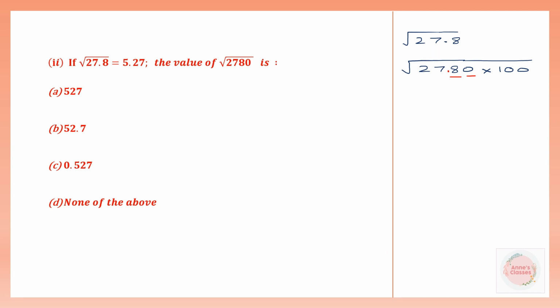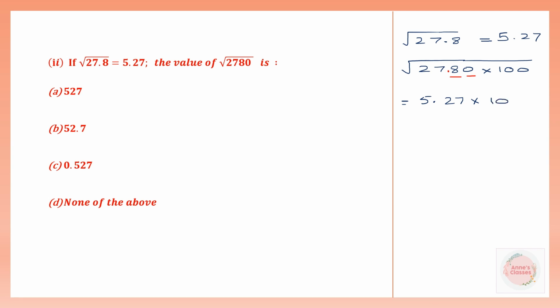So here the square root is given to us as 5.27. So here, since we have got this in the same format, we know now the square root of 27.8 is 5.27. So we can write that 5.27 into, and we know the square root of 100, it is 10 because 10 into 10 is 100.